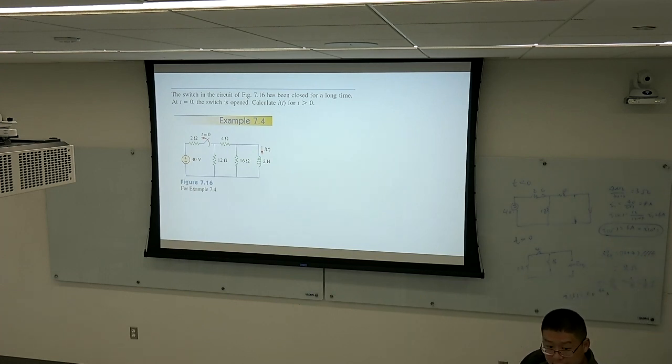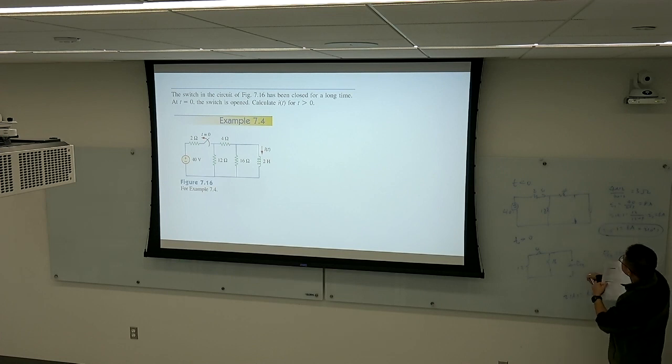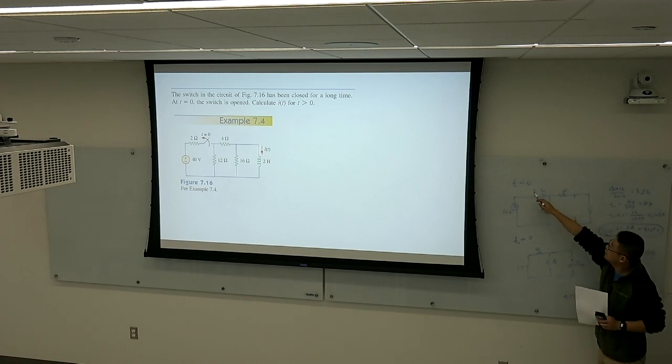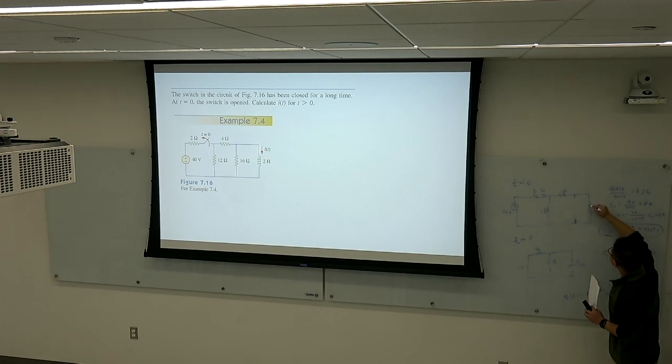Can we go over one more time the initial current? The initial current is 6 amps. Okay, no problem. So when t is less than 0, we have this circuit. The inductor is here, right? We treat this as short circuit.